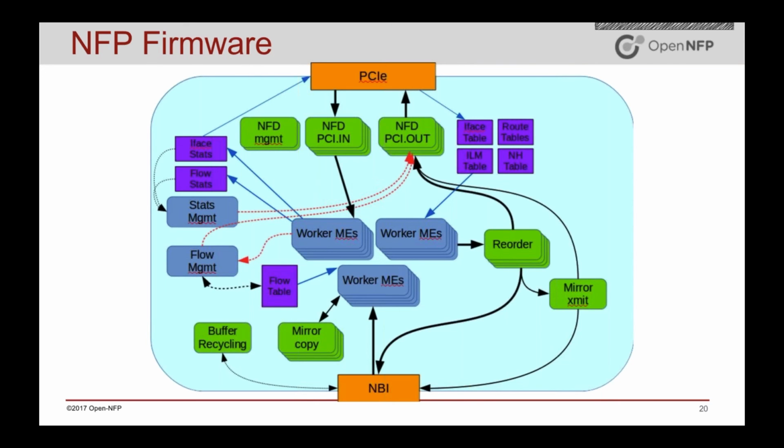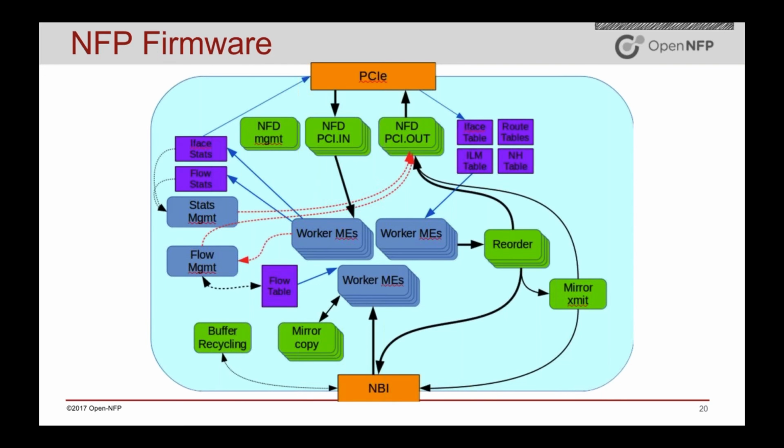For that purpose, we create a large pool of our flow processors or microengines, the MEs, that all in parallel are receiving packets both from PCIe and from our network block interface, NBI, which is our interface to the physical ports in the system. So that's what the worker MEs in the center of this picture represent, and they're the bulk of the microengines in the system. 48 of the 72.